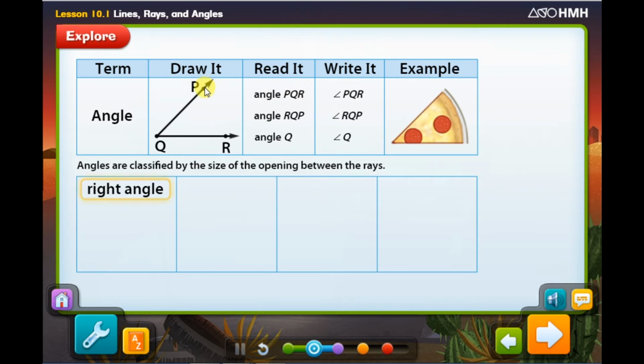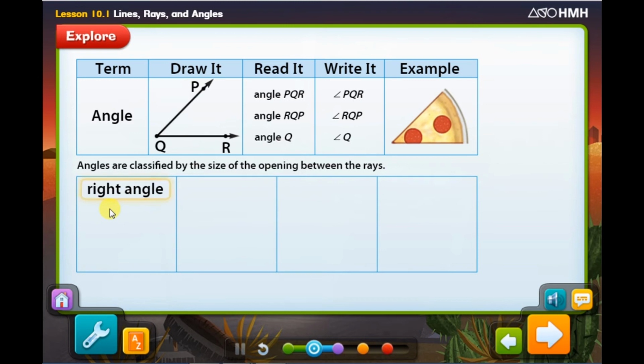We read the angle as BQR or RQB or just Q. Don't forget to put the angle symbol above it or beside it. So we read and write it as angle BQR or angle RQB or just angle Q, and it's shaped like a slice of pizza. We have many types of angles.